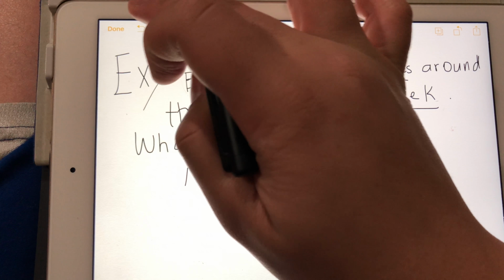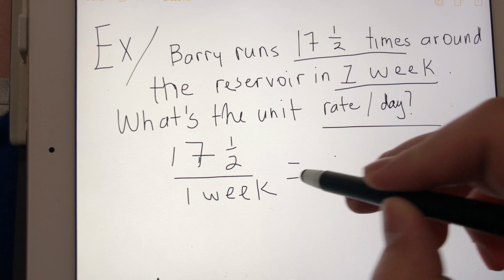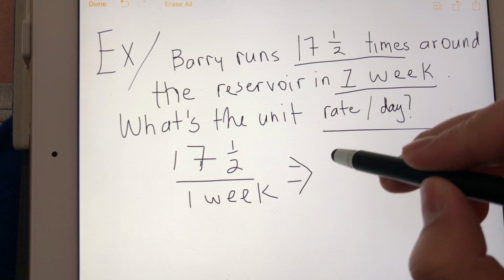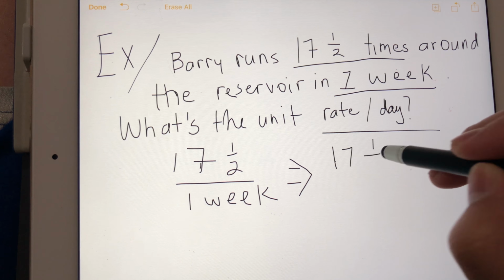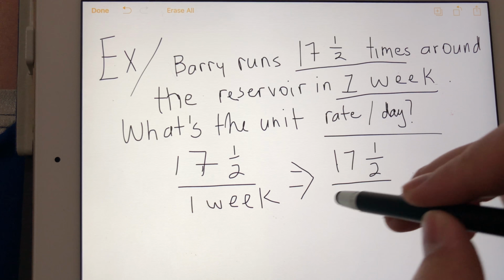So in 1 week, there's 7 days. That means in 7 days, he runs 17.5 times. So this also translates to 17.5 times over 7 days.